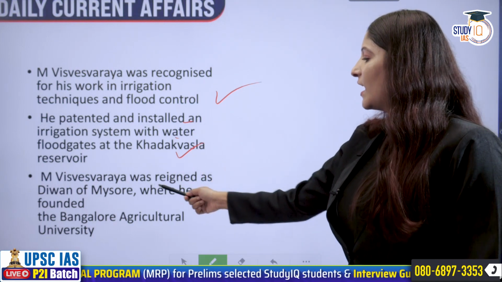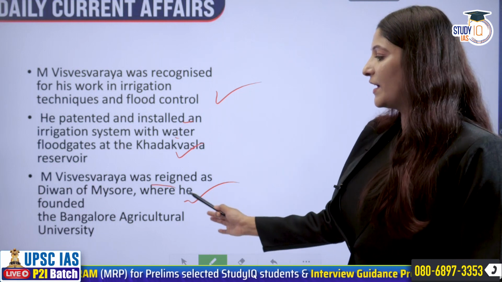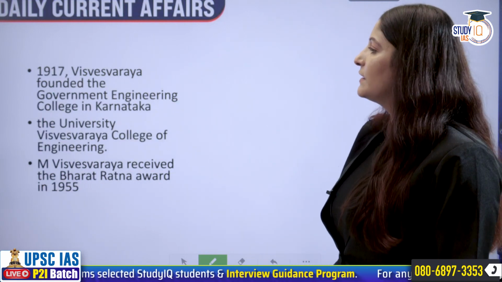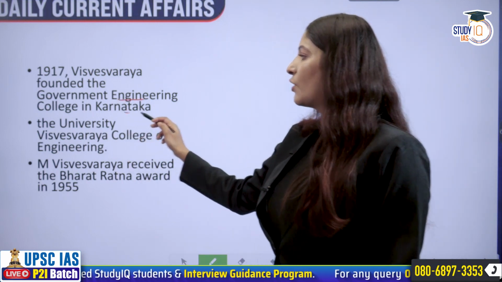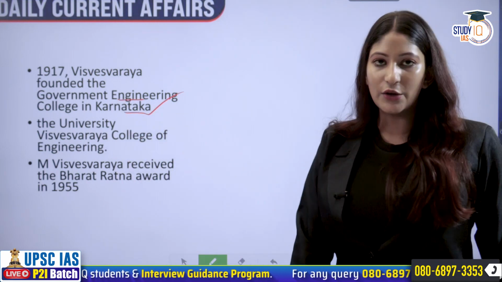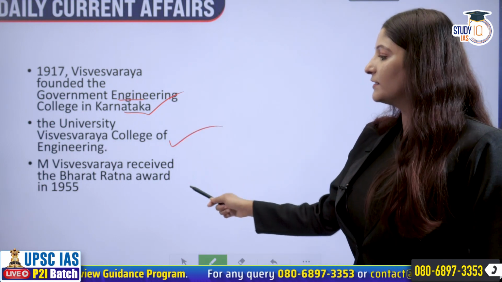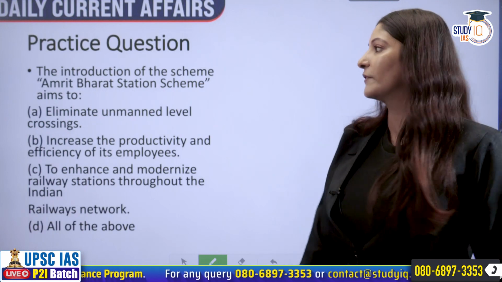M. Visvesvaraya served as Diwan of Mysore, where he founded the Bangalore Agriculture University. In 1917, he founded the Government Engineering College in Karnataka, which is now the University Visvesvaraya College of Engineering. He received the Bharat Ratna in 1955.